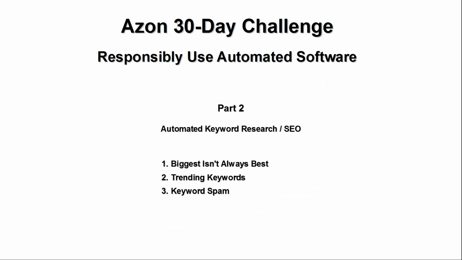Unfortunately, keyword phrases like that are something you will commonly overlook in automated software once again. So I always recommend using the Google Keyword Planner. I go into even more detail about the Google Keyword Planner usage in the ASON 30-day challenge as well.